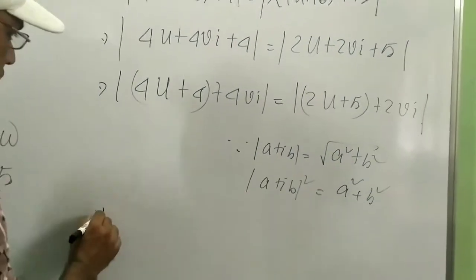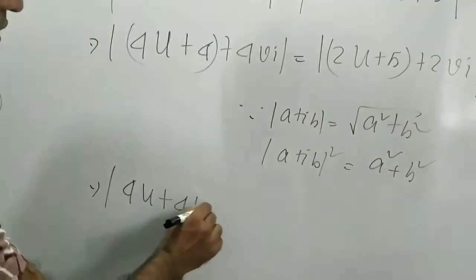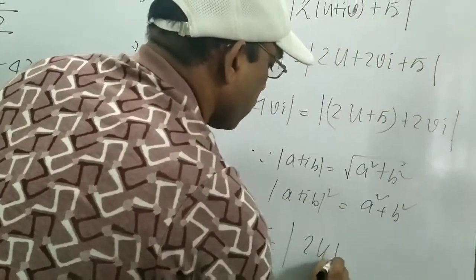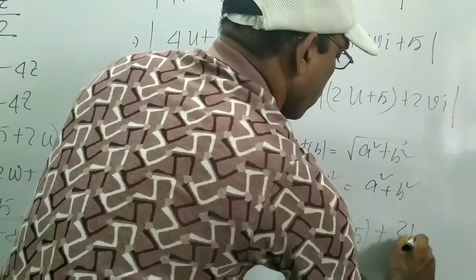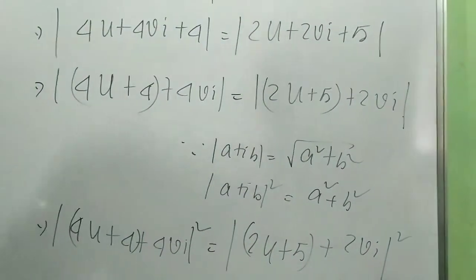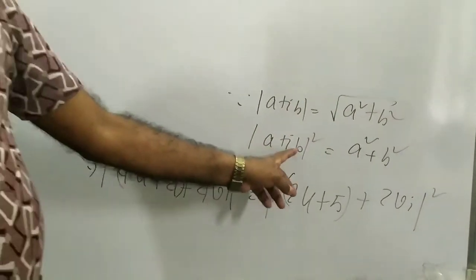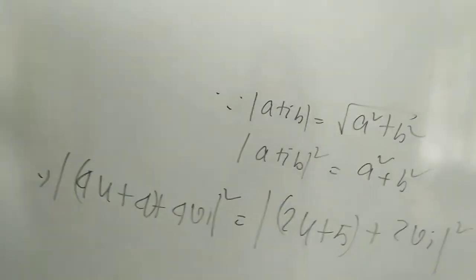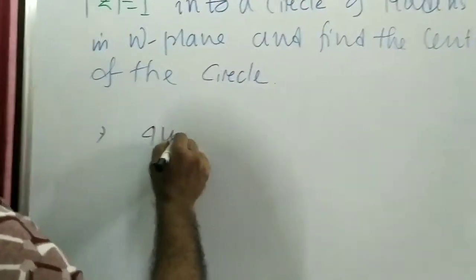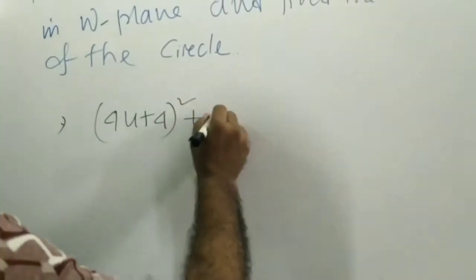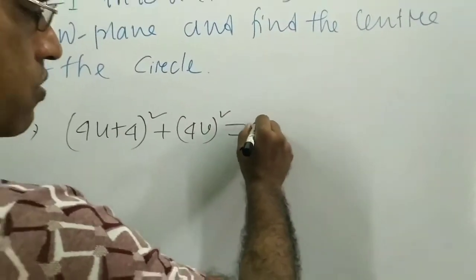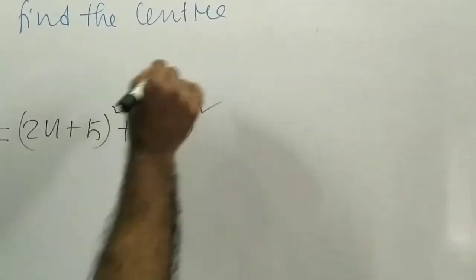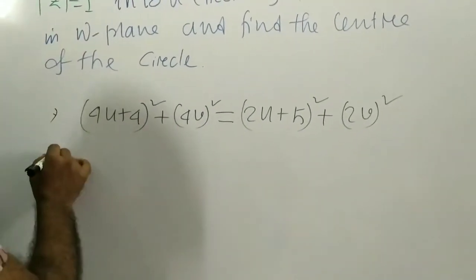So squaring both sides, using this formula with the real part squared and the imaginary part squared, we get (4u plus 4) whole square plus (4v) whole square equal to (2u plus 5) whole square plus (2v) whole square.